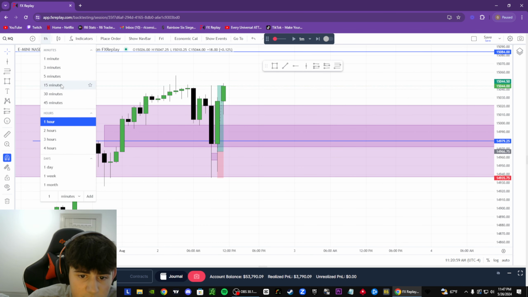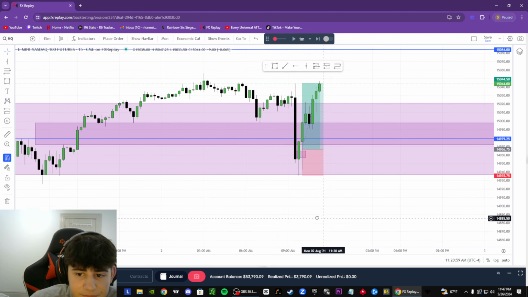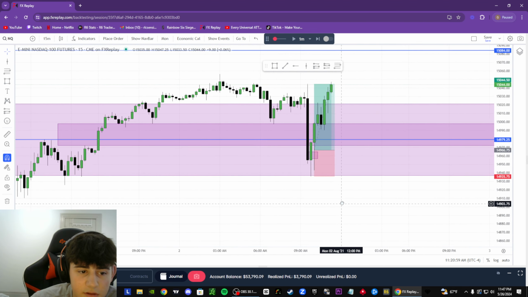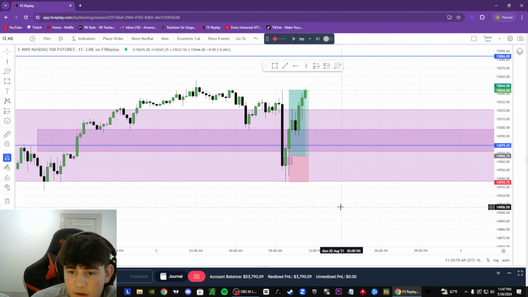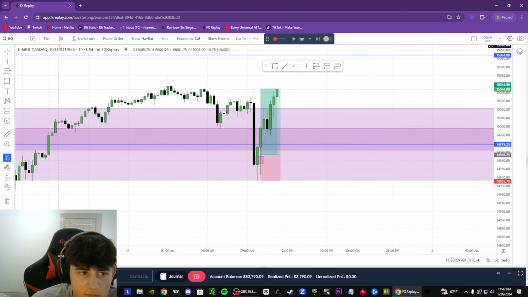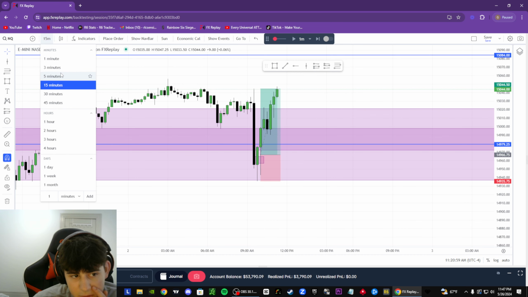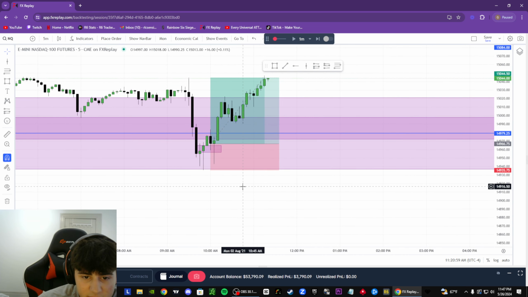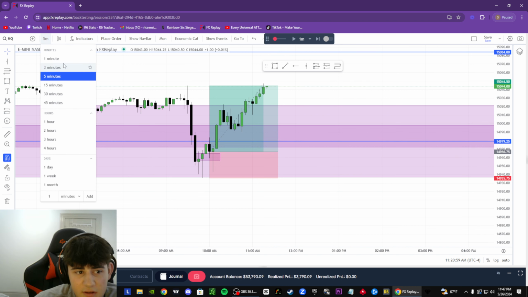So let's go to the 15-minute now. As you can see, same thing pretty much. There's not really much else to it on the 15. If we check the 5, same thing too, but now I like to just go to the 1.